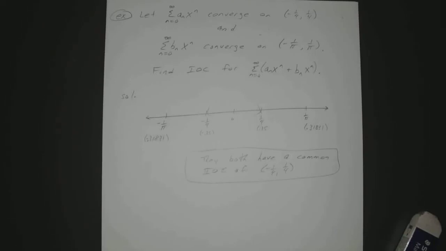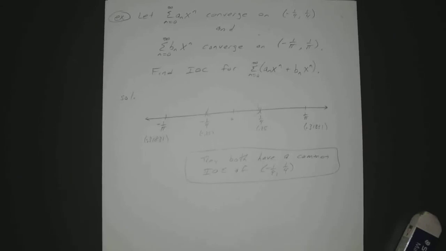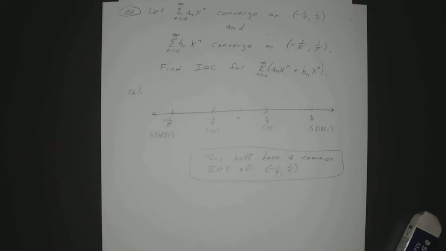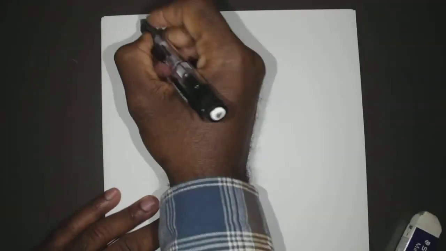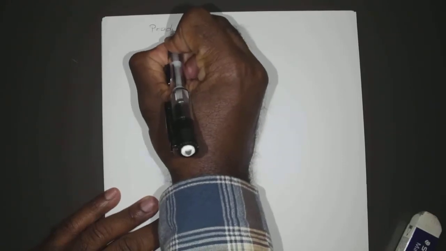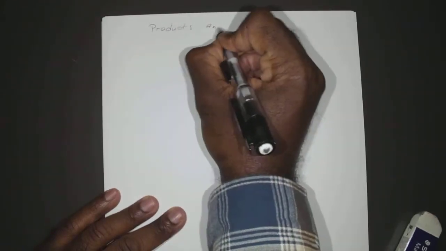And the product and the interval of convergence is a little bit different, but still about the same. So if we have the product and the interval of convergence.